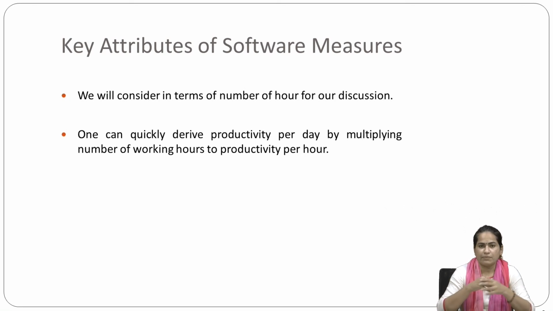Suppose they want to derive the productivity per day for the software, they can get it by doing a multiplication. What do they have to multiply? They multiply the number of working hours by the productivity per hour. Per hour, whatever productivity they have, they multiply it by the number of working hours, and the result will be the productivity per day.